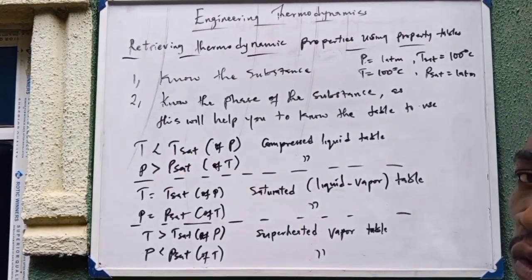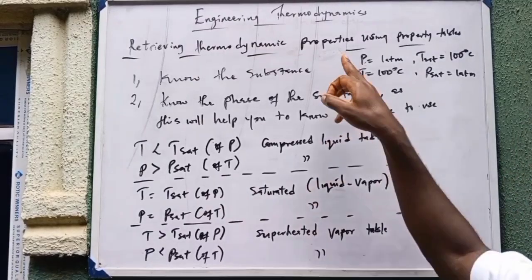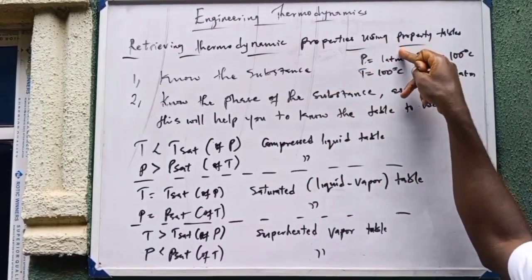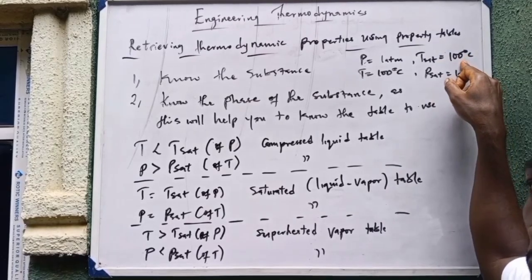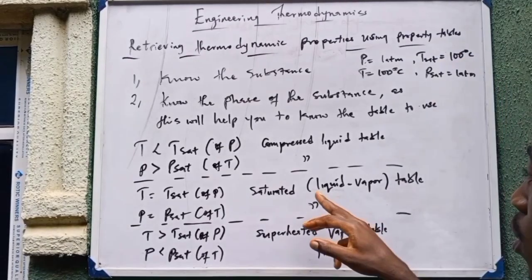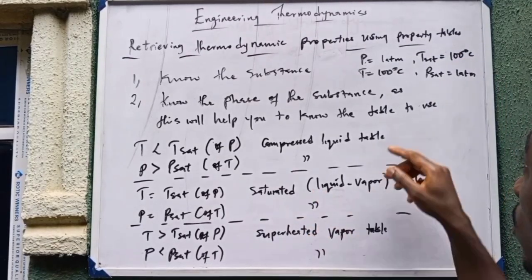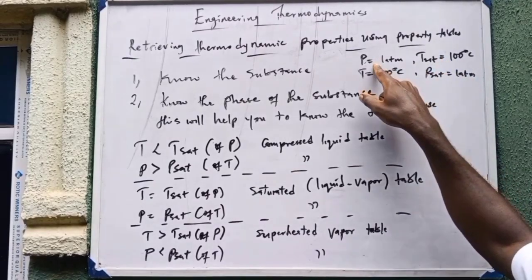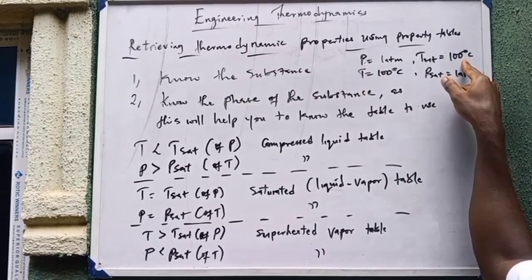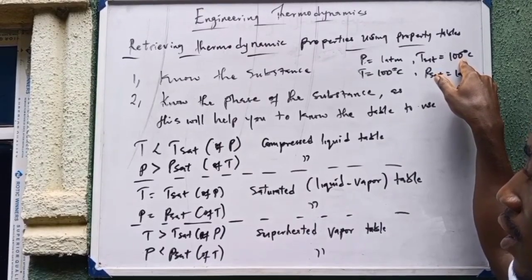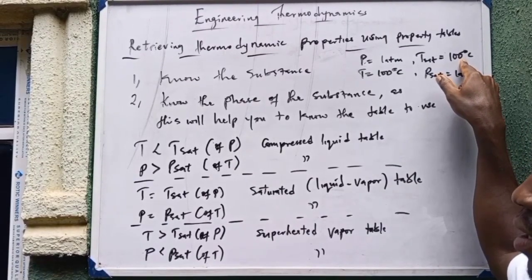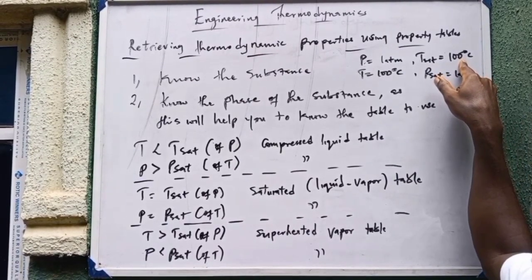So we want to use water as an example. At a pressure of 1 atm, the saturation temperature is 100 degrees Celsius. So when we go to the liquid vapor table, we will discover that for 1 atm, we must have 100 degrees Celsius. So how do we know if our values will be in that saturated or liquid vapor table?